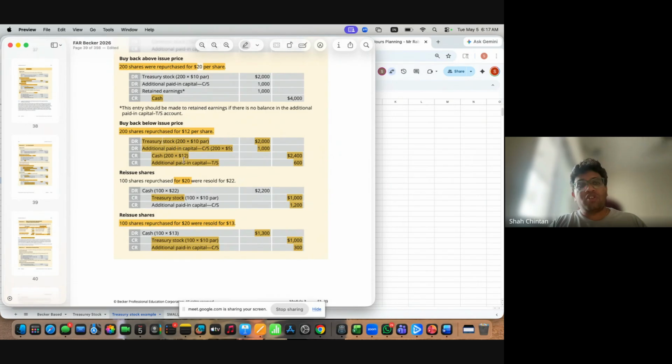Again, APIC common stock, APIC treasury stock, everything combines together, and net APIC is reported in the balance sheet. So even if a company decides not to have multiple APIC accounts and continues to use one common APIC account, that is also an acceptable practice. Clear with this particular example?